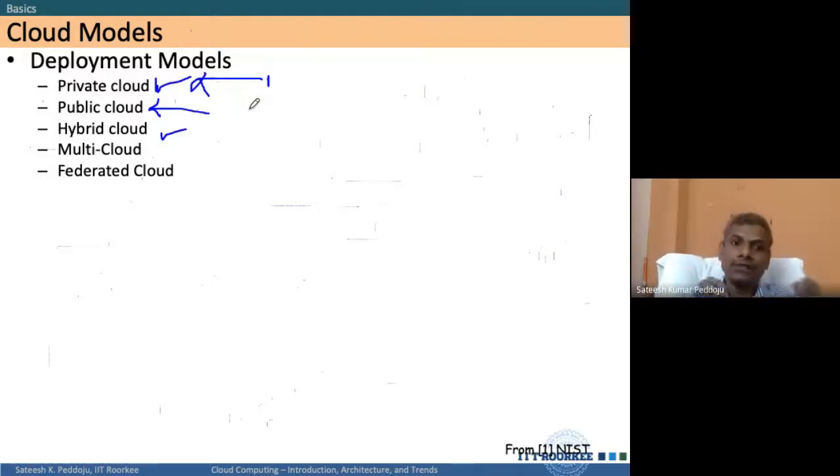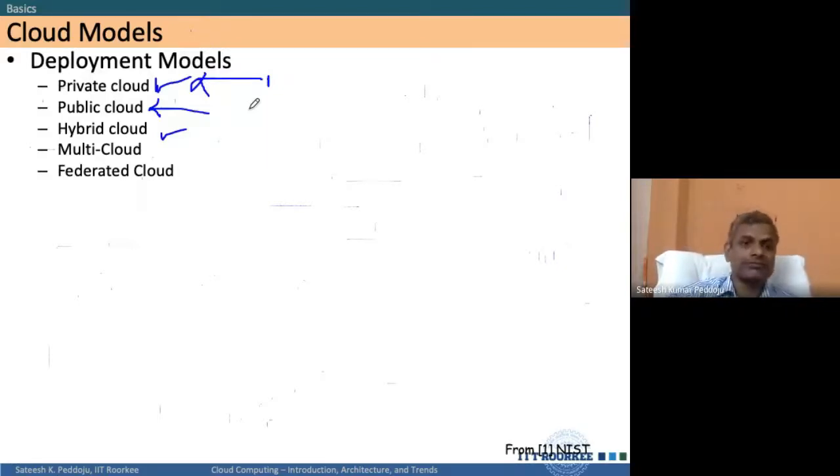That means you are already working with multiple clouds in your system. Okay. So such an environment is a multi-cloud environment where you are having access to multiple clouds. Okay. And federated cloud is something like having access to public to public, public to private, private to public, like all the combinations are possible. Okay.